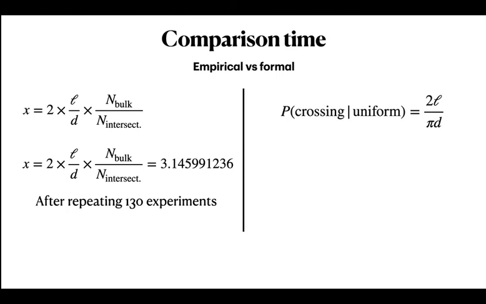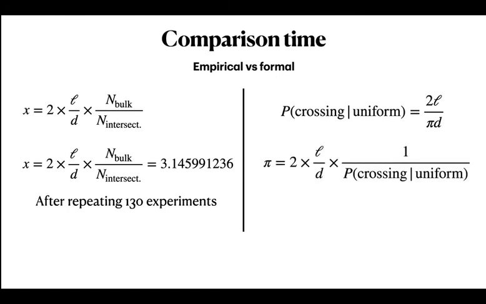I can put it in a form similar to what we have on the left by saying that we could get the number pi as being 2 times L over D times 1 over P crossing, given this uniform assumption. Now, pi is a number in formal mathematics, and this number is defined in very different manners that enable people to obtain formal and exact estimates of the digits of pi.